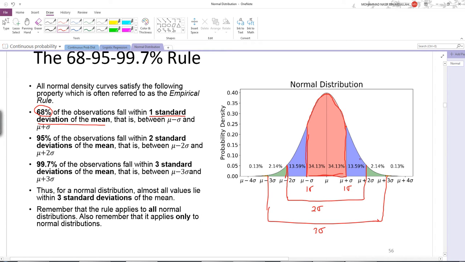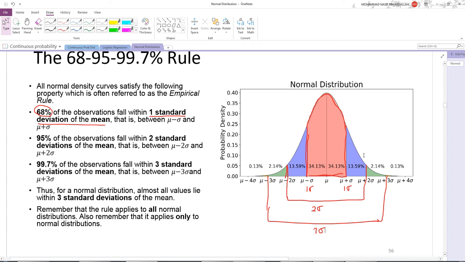Based on the standard deviation, how many standard deviation you want to employ in your calculation? Normally, when you are in a manufacturing company, right, production, they are using 3 standard deviation to ensure dia punya quality of the product, right? So macam contoh, dia fill in macam air dalam botol.